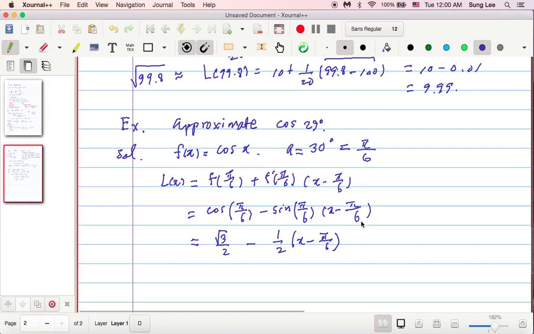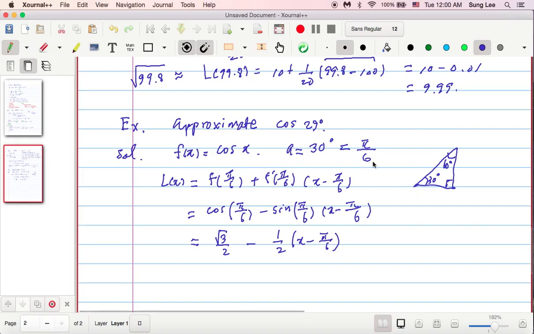It's actually helpful to remember, for special angles, the ratio of the sides of a right triangle. So in this case, that's 30 degrees, pi over 6, and 60 degrees, pi over 3, right?